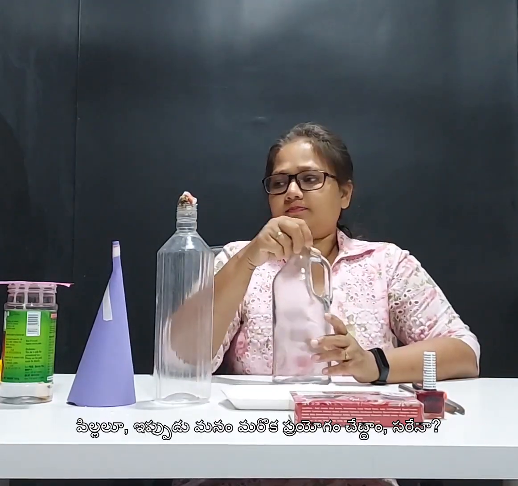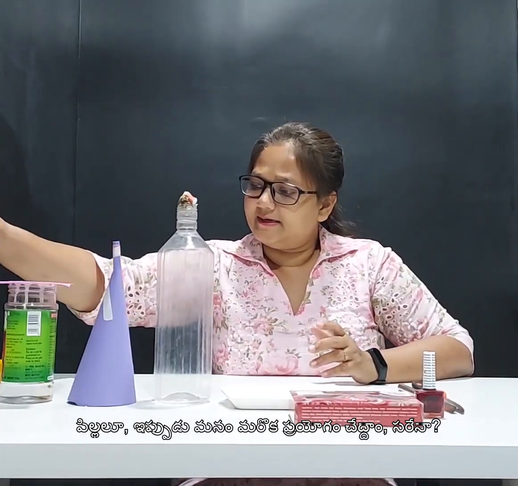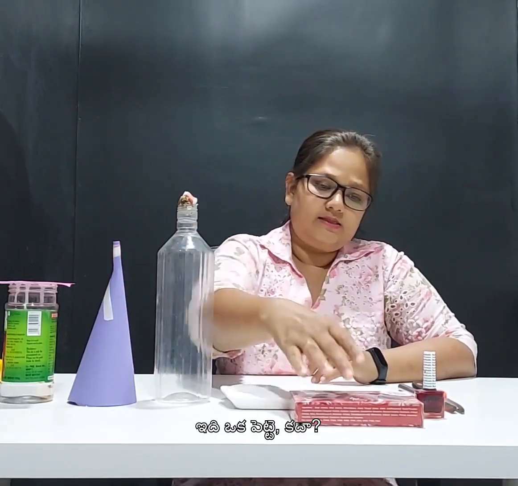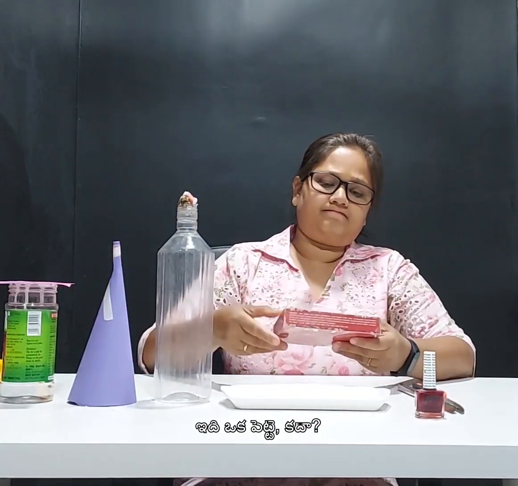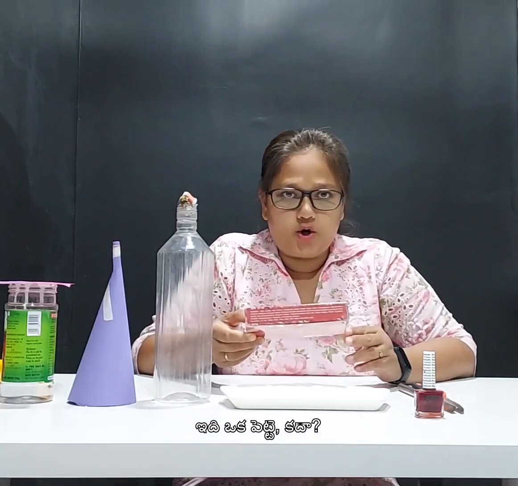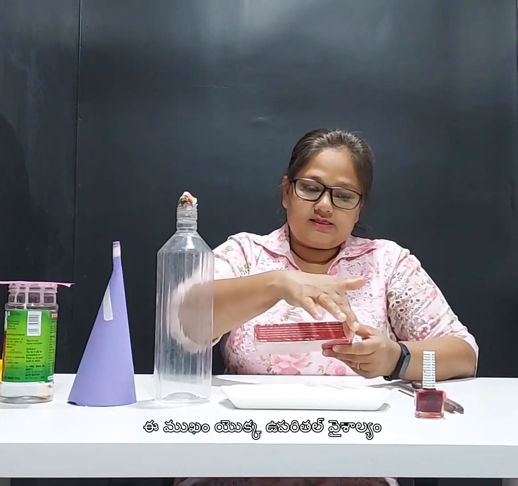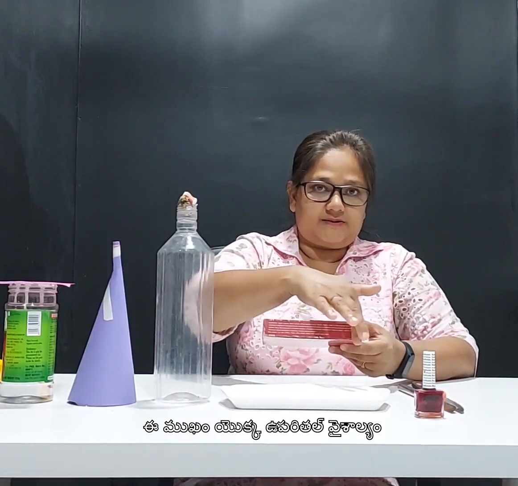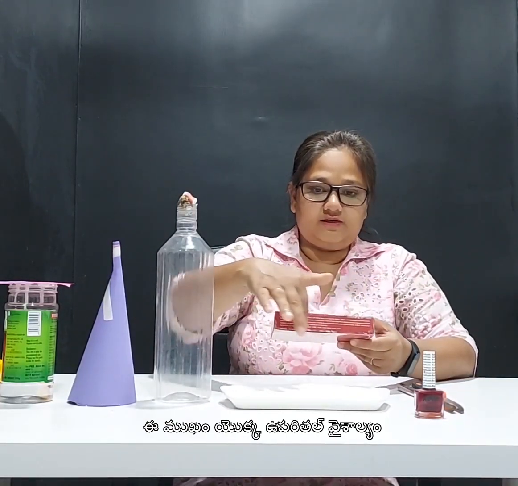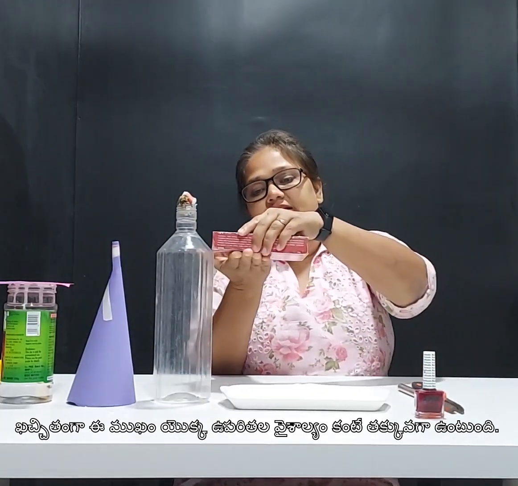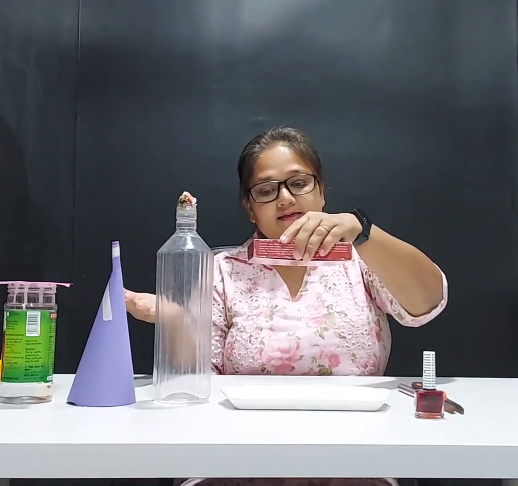Now children, let's conduct another experiment, okay? This is a box, right? The surface area of this face of the box is definitely less than the surface area of this face, correct?